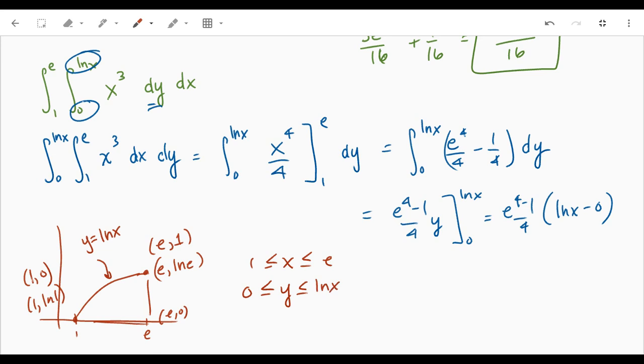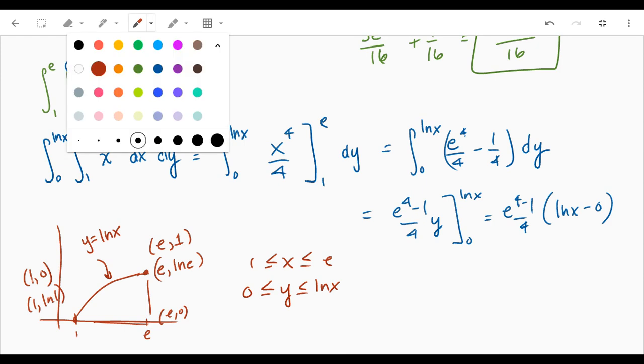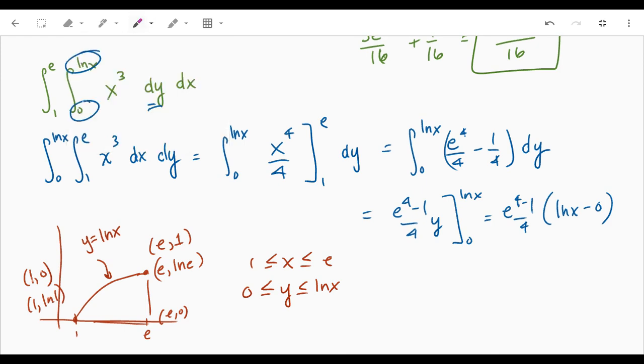Well, we can flip that, because we can rearrange it and solve our function for x instead of y. So if y is the natural log of x, e to the y equals x.